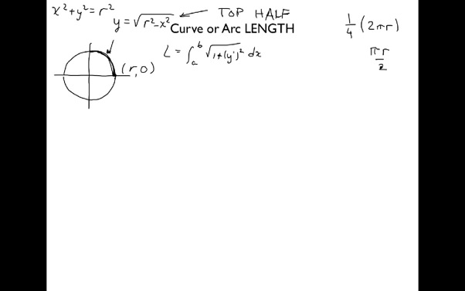So here we go. What are our limits of integration going to be? She wants from 0 to r. Agree with that? Yeah, from 0 to r. And we're going to have the square root of 1 plus what? We need the derivative of our circle function squared, and dx.